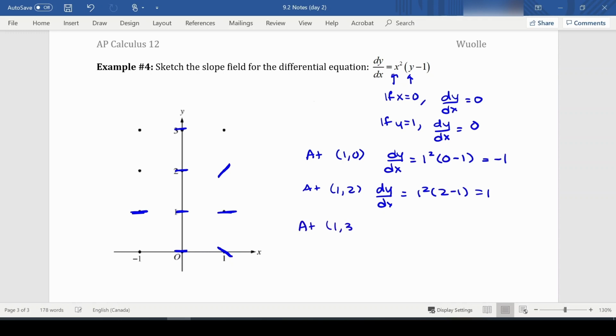At 1, 3, dy/dx is going to be 1 squared times 3 minus 1, which gives us 2. At negative 1, 0, dy/dx is going to be negative 1 squared times 0 minus 1, which gives us negative 1 again.